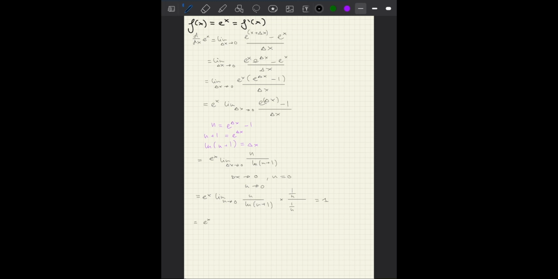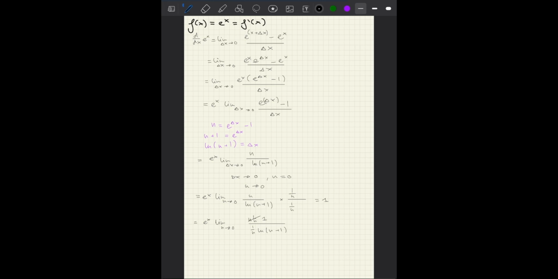Well, this can be written as e to the power of x times the limit of n approaches 0 of n times 1 over n, well, that's just going to be 1, right? Times 1 over n times the natural log of n plus 1. Yep, checks out.